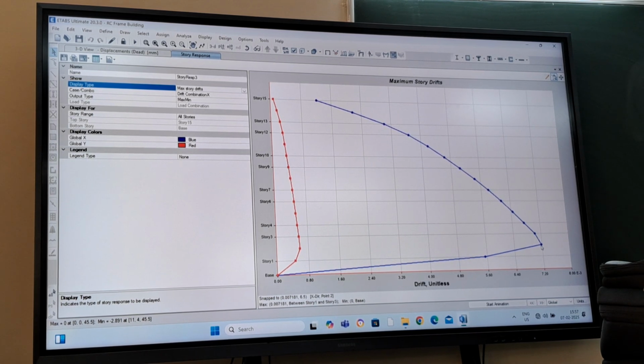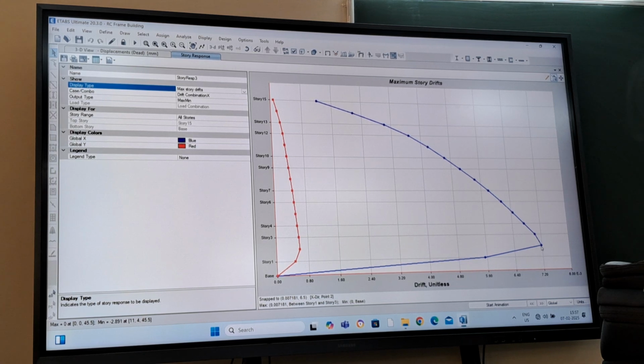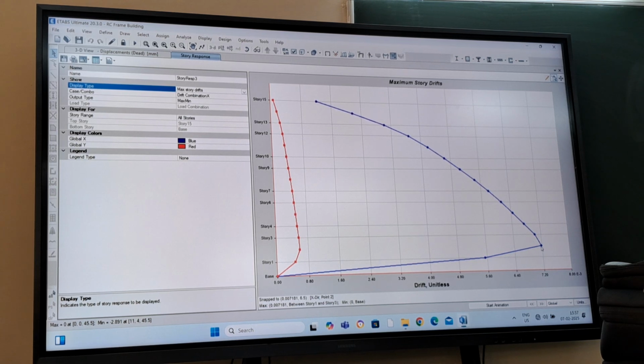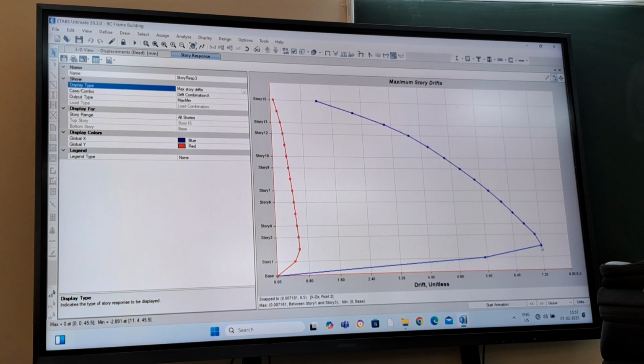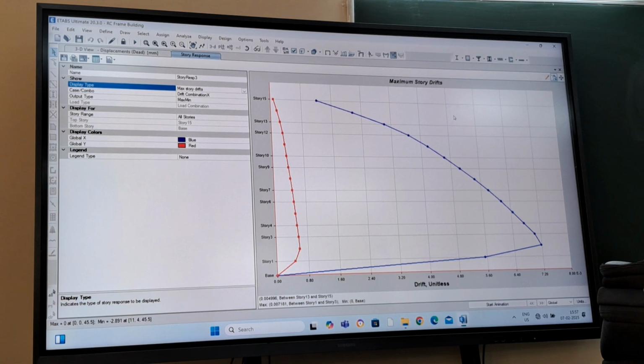Still, that difference you have to consider. In this case, the model is small, you do not have a large model, and there are no irregularities present in the model. That's why you are not getting this difference. But you have to check this for a combination, not for a single load case.